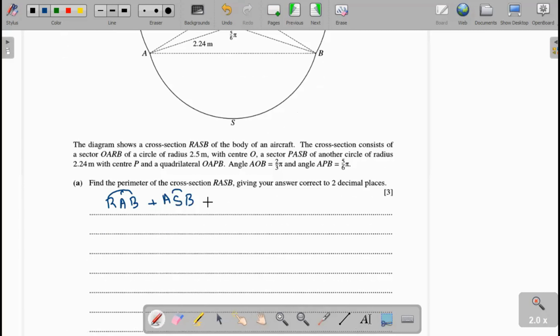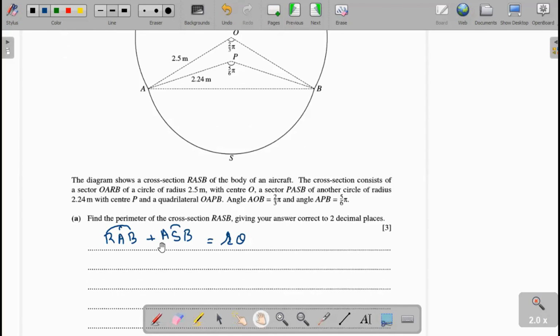We know the formula of the arc length: because the angle is in radians, the formula will be r into theta. So it is r1 into theta 1 plus r2 into theta 2.